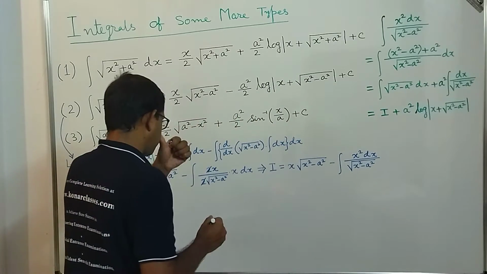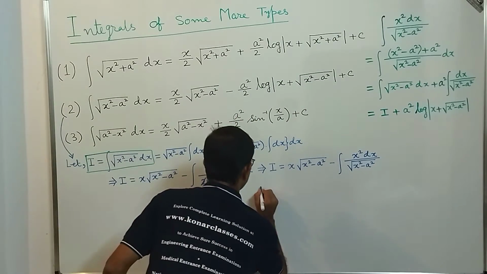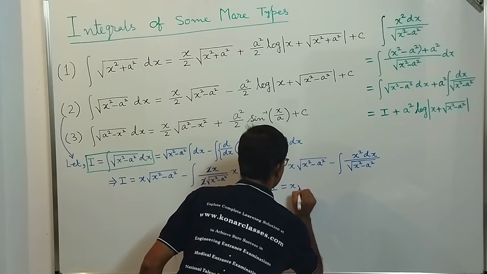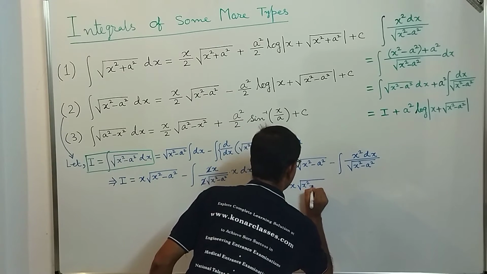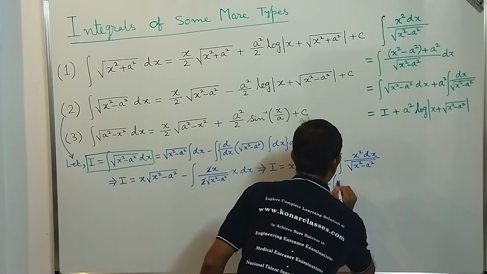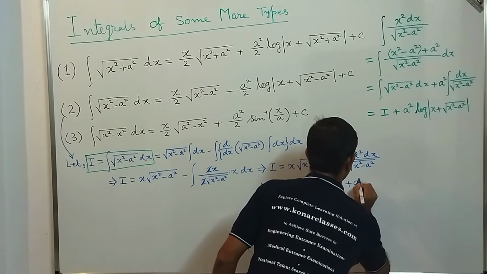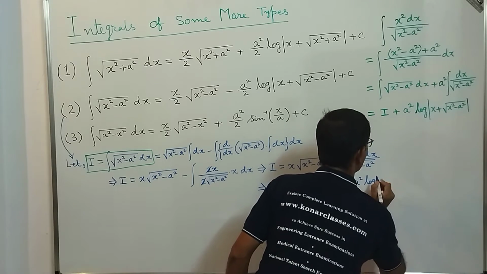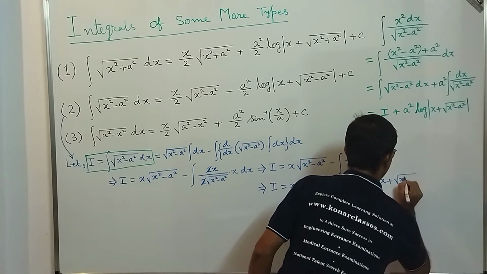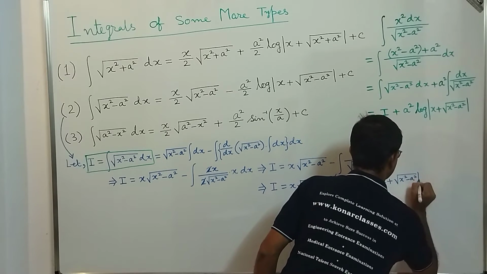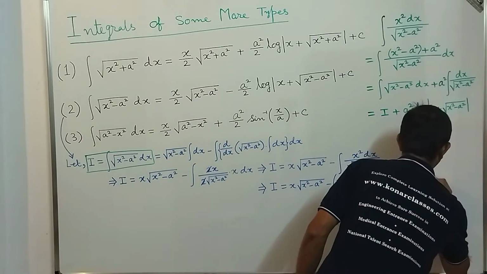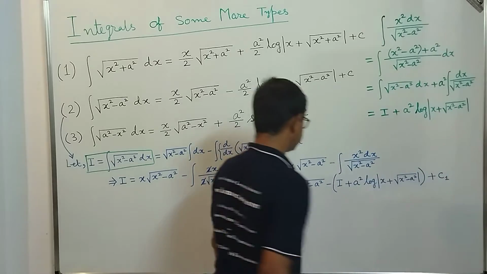So from here we can write that I is equal to x into square root of x square minus a square minus I plus a square into log mod x plus square root of x square minus a square. And as we are done with it, we can include one integrating constant called C1.